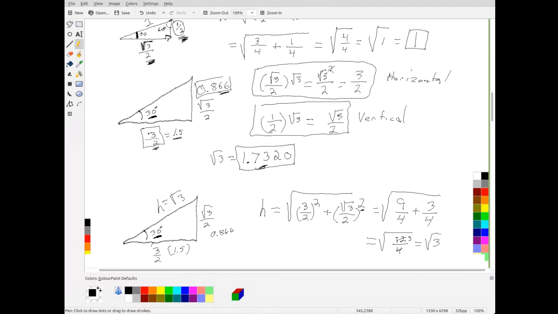So the length of this hypotenuse now is the square root of 3. Like I say, we're going to come back to this because we're going to see this pop up in a little bit. This is just trigonometry here, but when we start talking about these polyphase systems, you're going to see the square root of 3 pop up a lot.